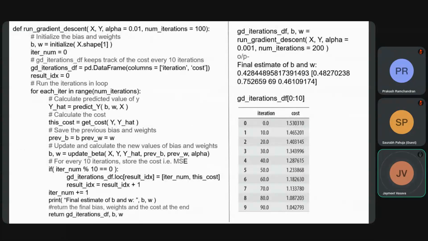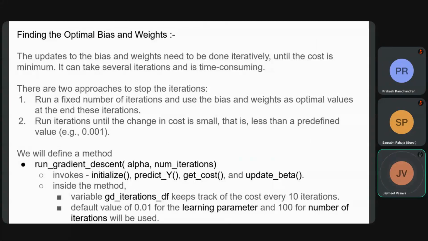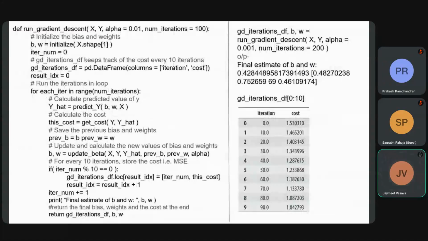Just in case this explanation was confusing, basically what we are trying to do is define a function which iterates, saves the values for every 10 iterations, and also saves the cost in a data frame called GD iterations DF.